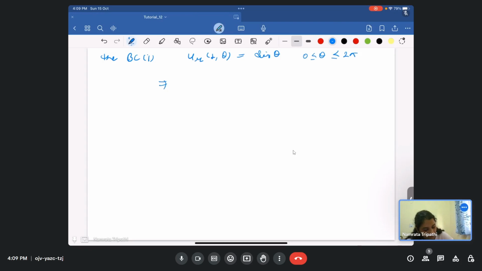So from here you will get it equal to 0, at both ends 0 and 2 pi, fine. So from here, this is a periodic SL problem as well. T dash 0, T dash 2 pi.